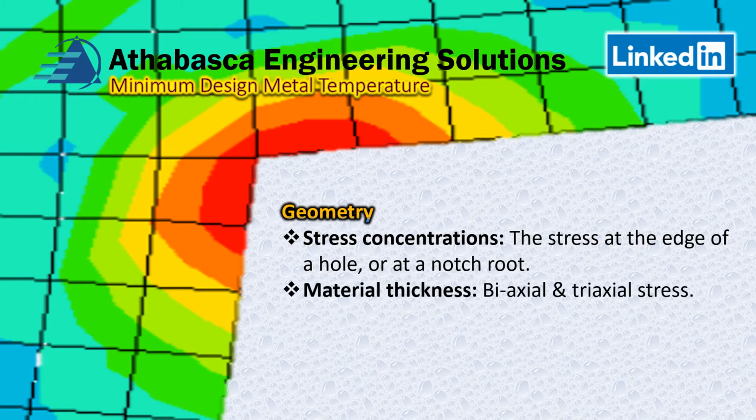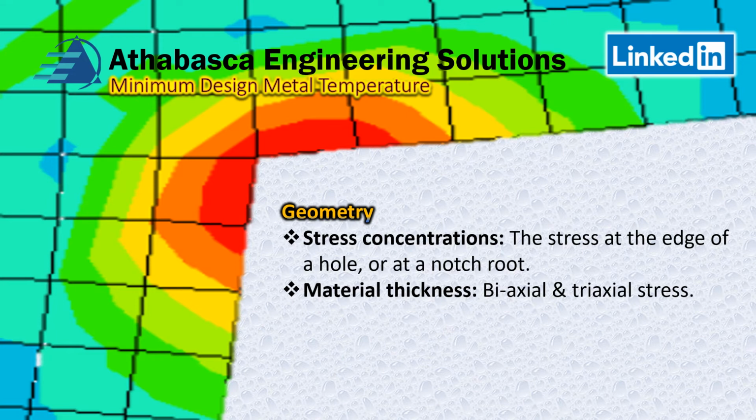And there's also a phenomenon related to material thickness and biaxial and triaxial stresses. Thin parts exhibit stresses in 2 planes, whereas thicker parts can exhibit stresses in 3 planes. It's called out of plane shear, and it can act through the wall and increase the stress intensity on flaws at or near the inside surface of a part.